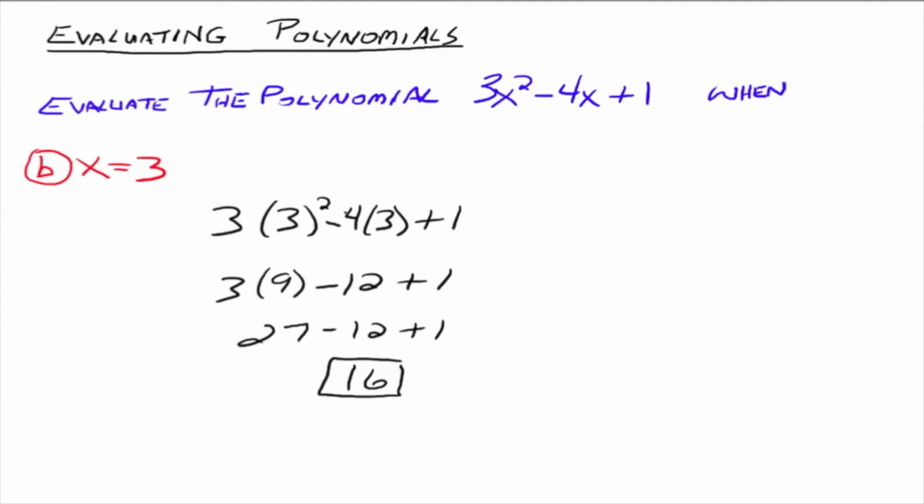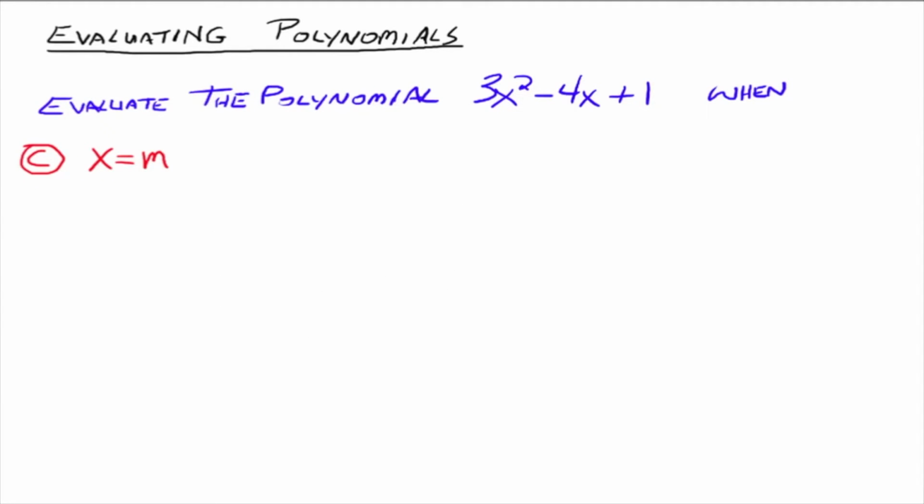Okay, so now I'm going to change it up a bit. Evaluate the polynomial when x is equal to m. I know, it's just another expression. So we're going to take the m and substitute it in for all of the x's, and it would look like 3 times m squared minus 4 times m plus 1. The process does not change.